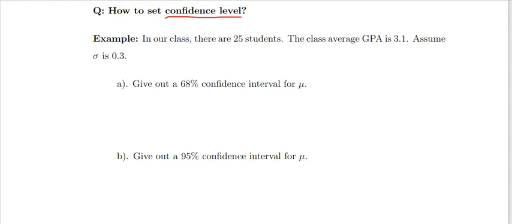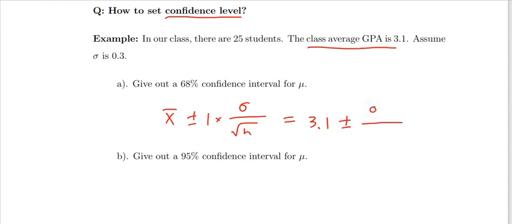So we can do the same for 68: x bar plus or minus 1 times sigma over radical n. For example, we find our class average x bar is 3.1 plus or minus sigma. We assume sigma is 0.3 and the sample size is 25. So you can find the lower bound and upper bound.